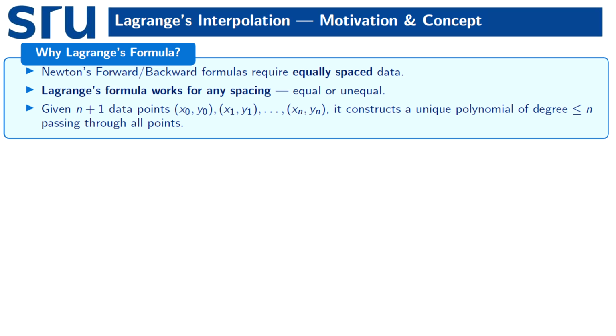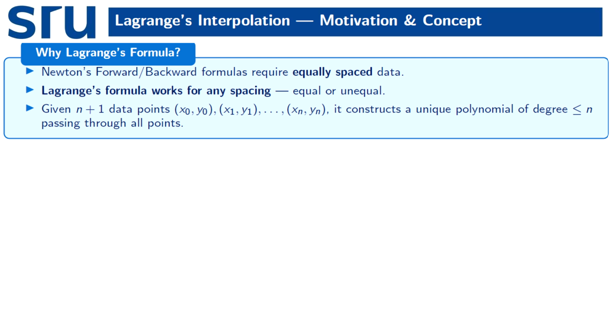Now think about this carefully. In real-life situations, do we always get equally spaced data? The answer is obviously no. Most of the time, data is collected at irregular intervals and measurements are not uniformly spaced.